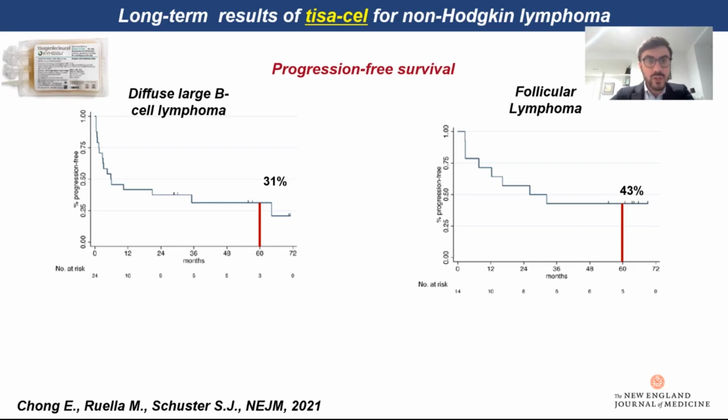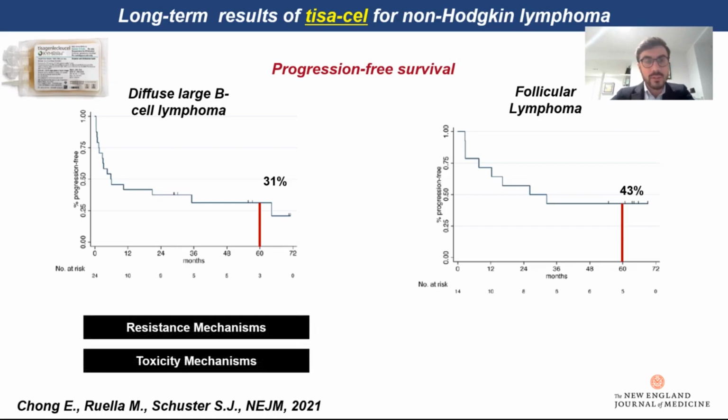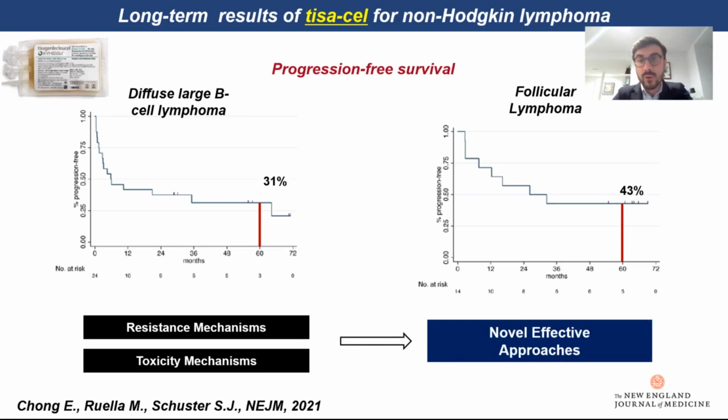So a big interest and the focus of my lab is trying to study what is causing these patients to succeed or these patients to fail CAR-19 so that we can develop then better approaches.